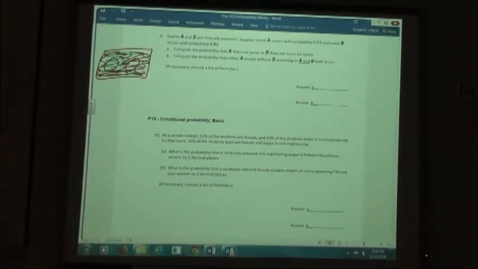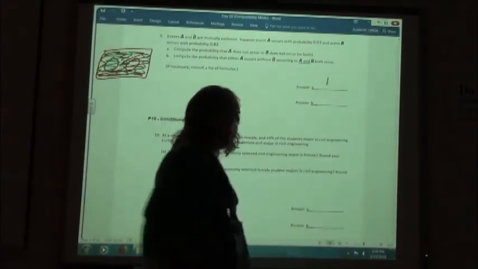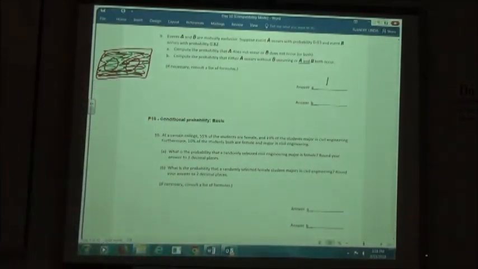Since this is an OR, anything that got shaded is part of my answer. What did I shade? The whole thing. So my answer is going to be 1, which is 100%, right? The whole thing got shaded in either case. If A does not occur or B does not occur, I've got the whole thing.